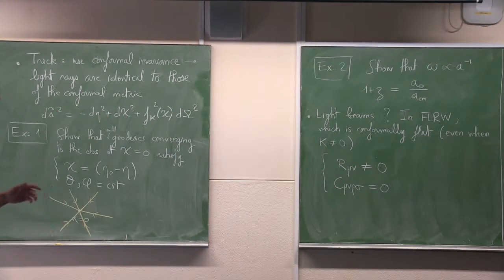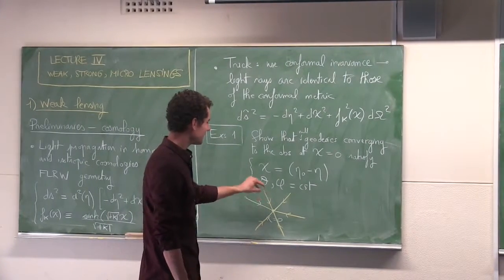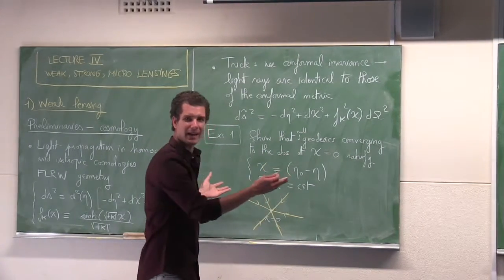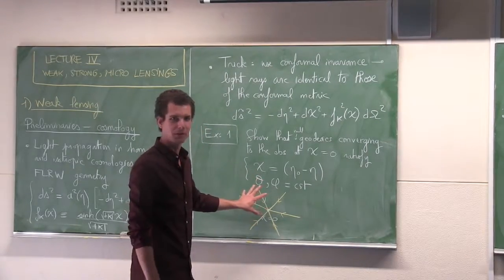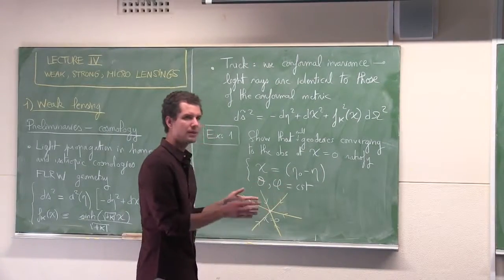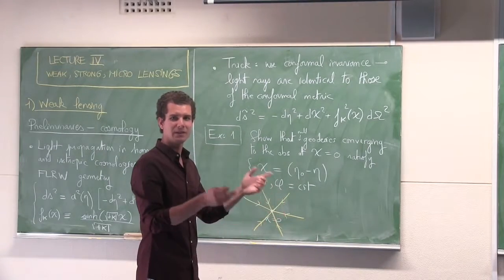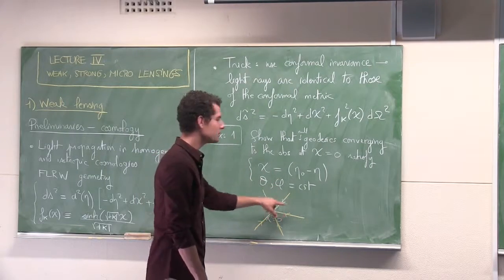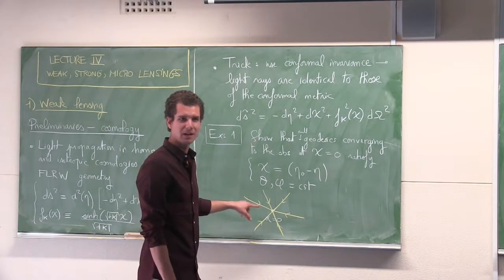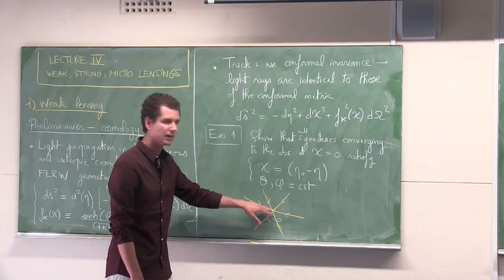And this is true even if, when we draw some light rays in this spherical coordinate system, light rays appear to be straight lines. So this is not incompatible with the idea that there is focusing of light beams. It's just an effect of coordinates that make you think that these are straight lines.